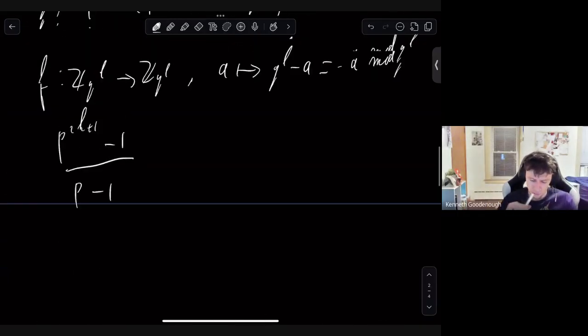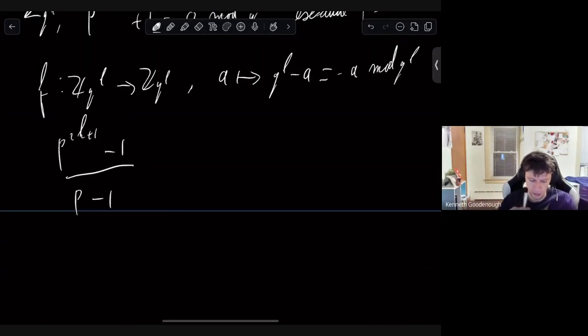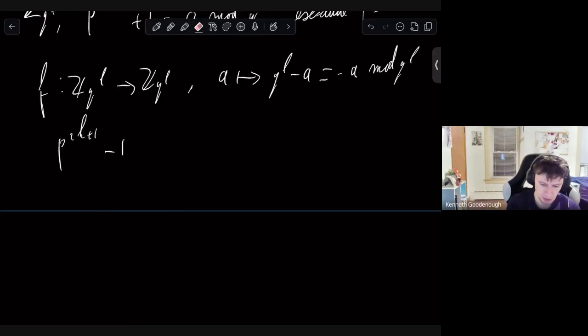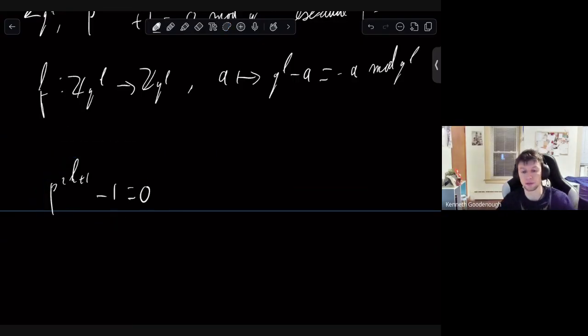Okay, so now this is nice because I can look at the solutions to this, which we can think of as roots of unity of order 2k plus 1.